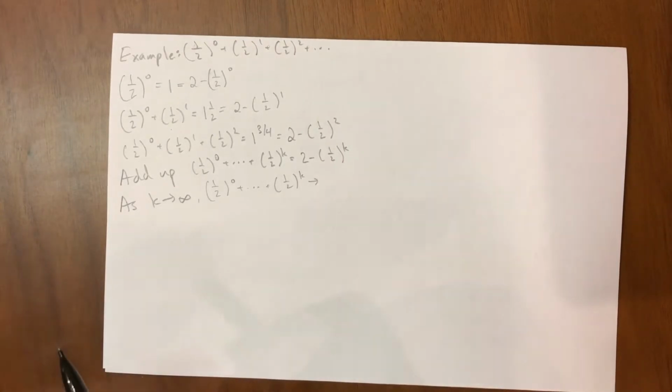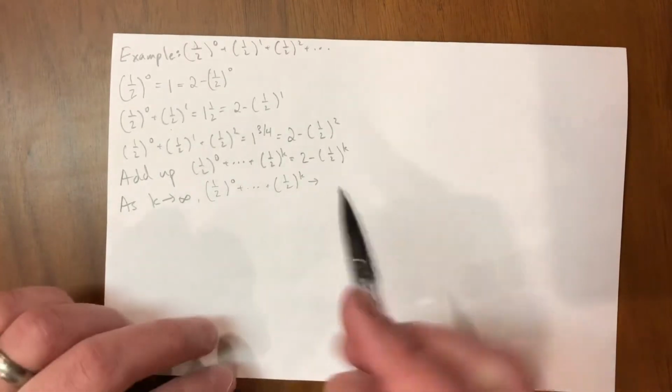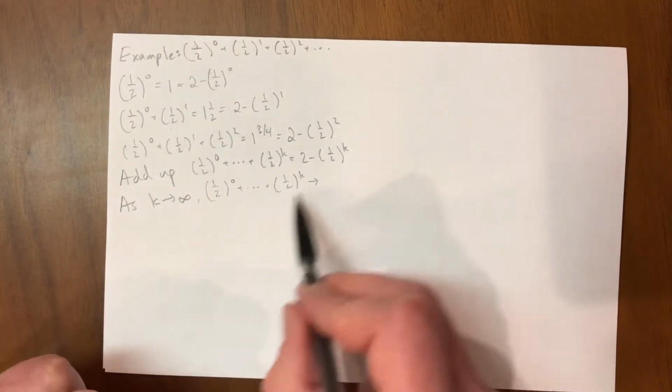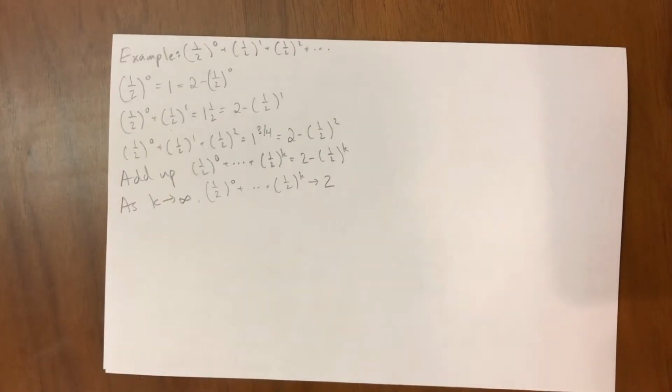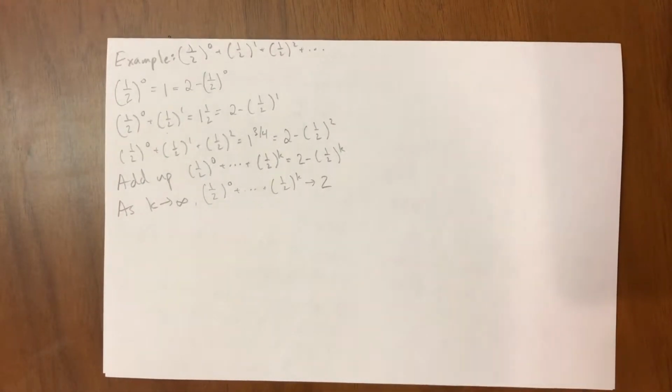You're multiplying 1/2 by 1/2 by 1/2 enough times that you get smaller and smaller numbers. So this value will approach 2. And so the point I wanted to illustrate is that you can add up an infinite number of terms and end up with a finite number.